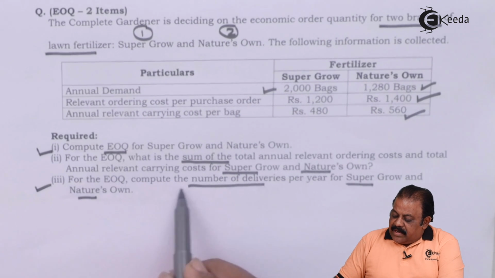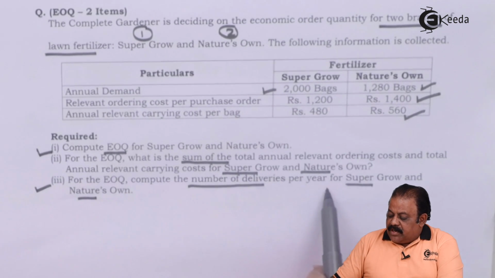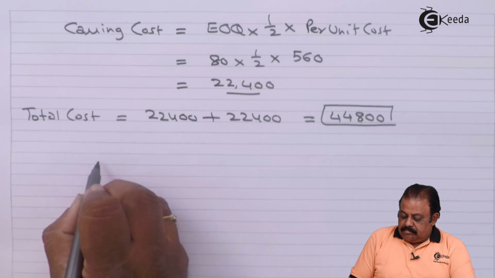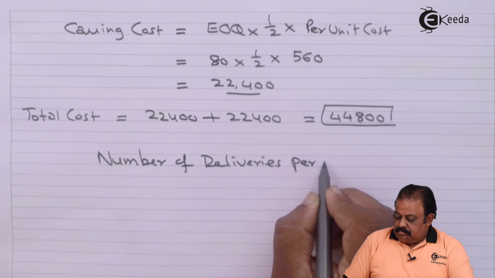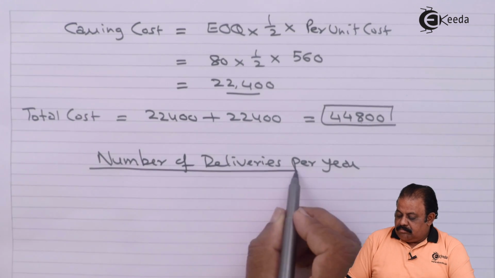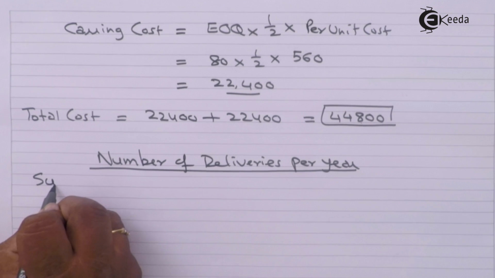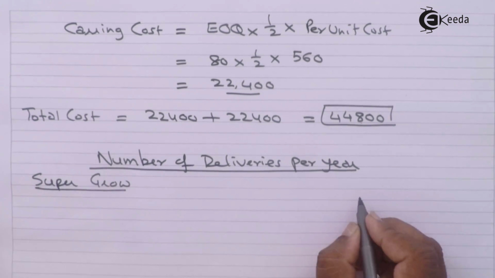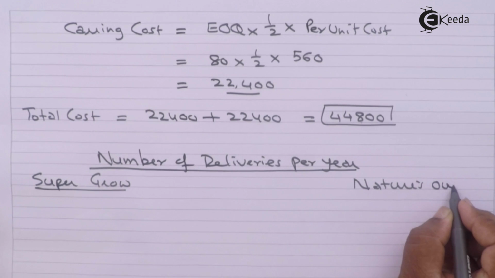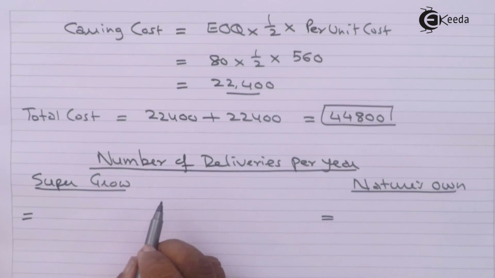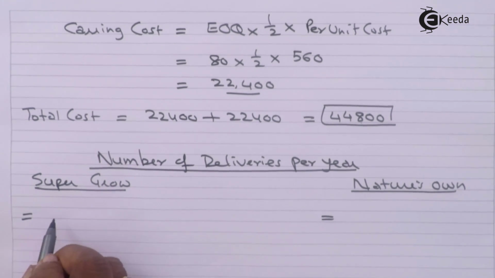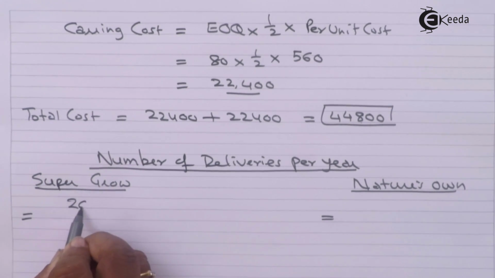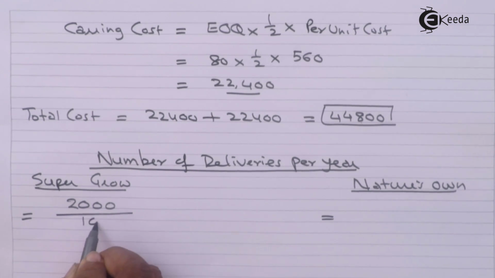Last, we are required to compute number of deliveries per year. Number of deliveries means number of orders per year. In case of Super Grow, demand for the full year is 2000 bags divided by economic order quantity 100 units.